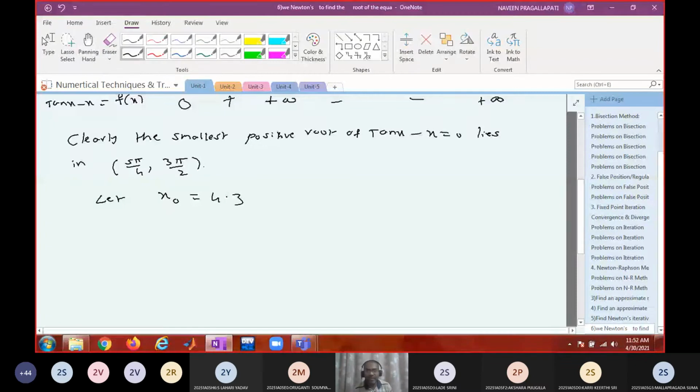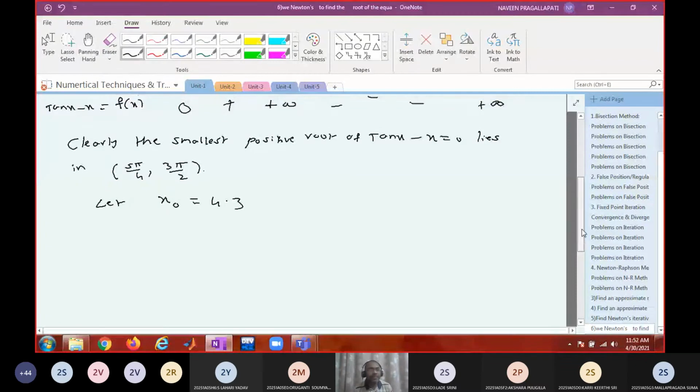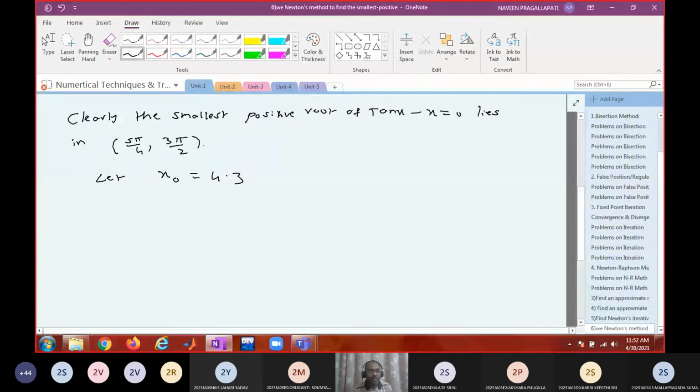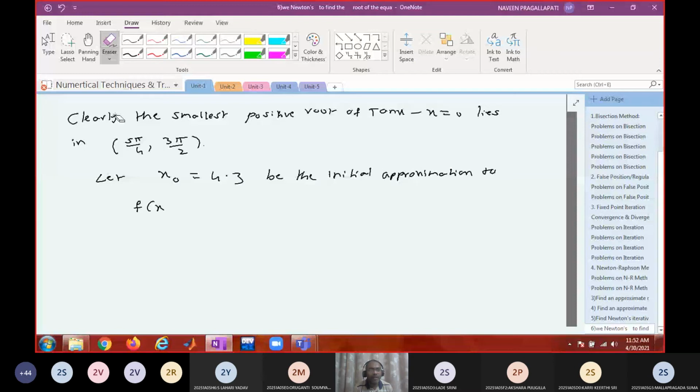So first, find the derivative. Let f of x be the function, with x naught the initial approximation to the smallest positive root.